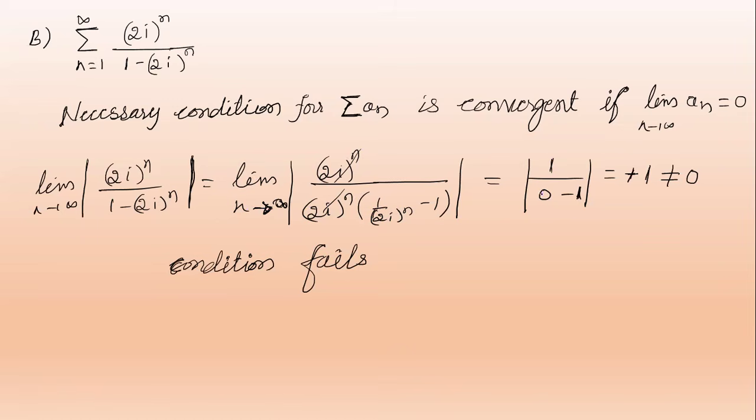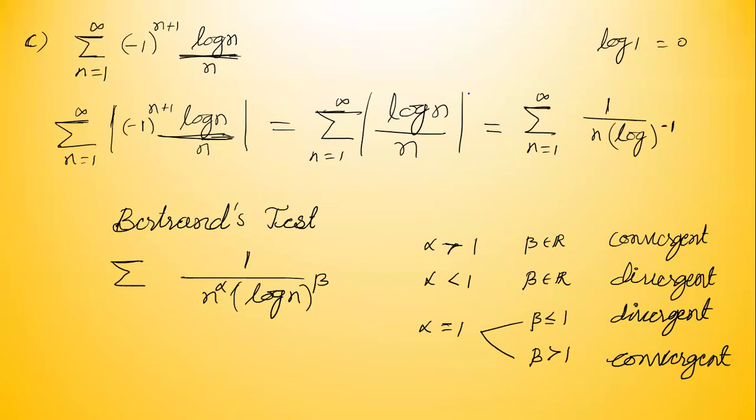Therefore, 1 divided by 0 minus 1, modulus of this is equal to 1, not equal to 0. Here, we want 0, but this is not equal to 0. The condition fails. Therefore, this is divergent, not convergent. Option B is divergent.